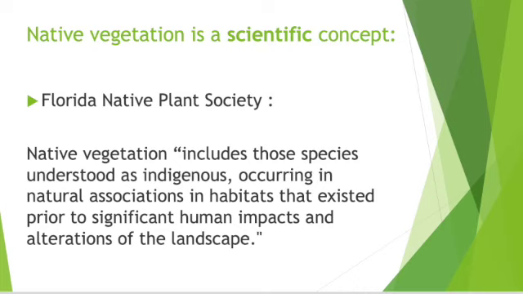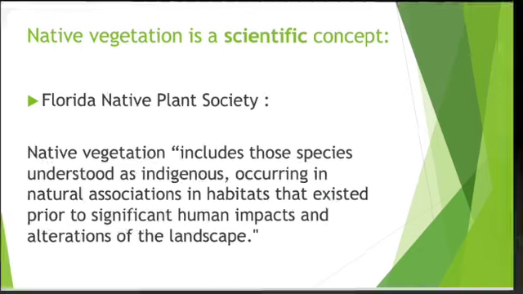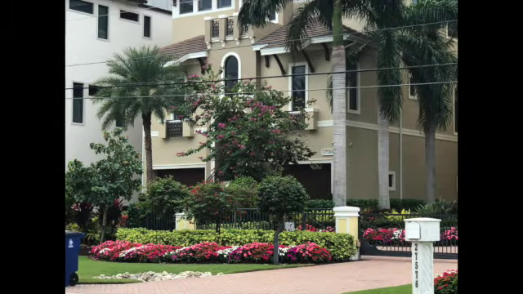According to the Florida Native Plant Society, native vegetation includes those species understood as indigenous, occurring in natural association in habitats that existed prior to significant human impacts and alteration of the landscape.